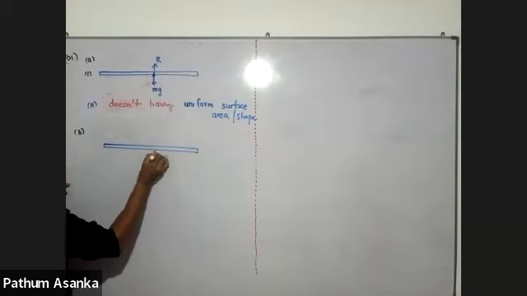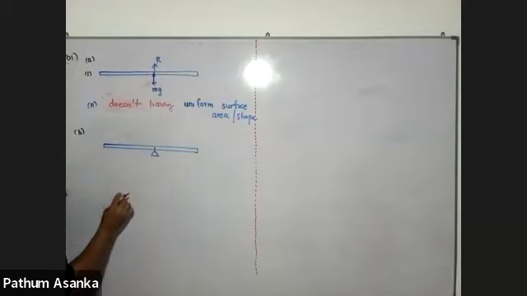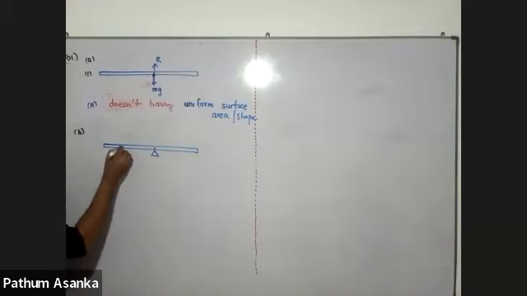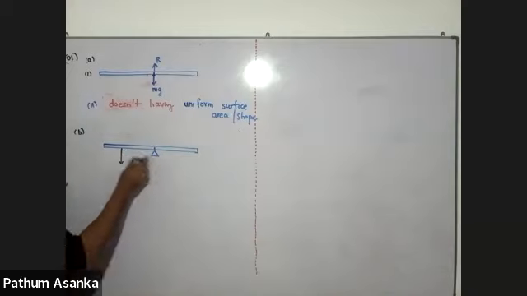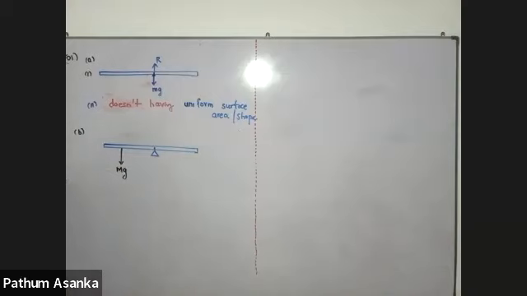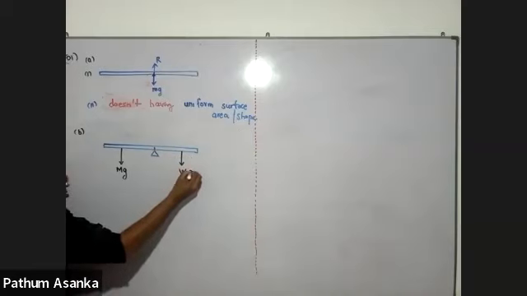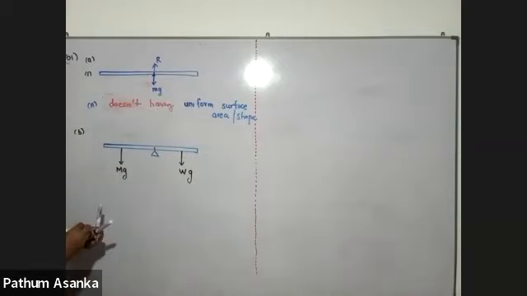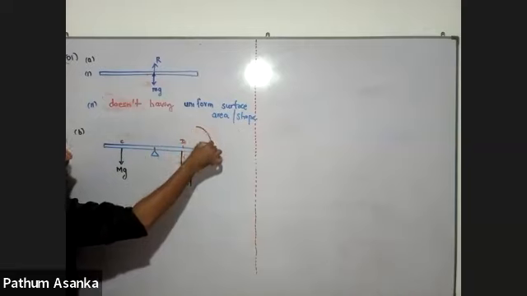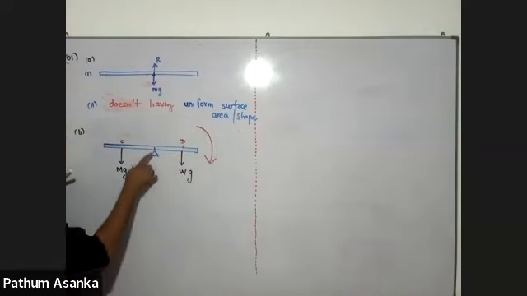Now let's assume the knife edge is here, at the 52 centimeter point. Two objects are hung on opposite sides of the knife edge. On one side there is a mass m, and on the other side a stone with weight W. Let's consider this one as C and this one as D. If we have those objects on both sides, this meter ruler tends to rotate clockwise around the knife edge.